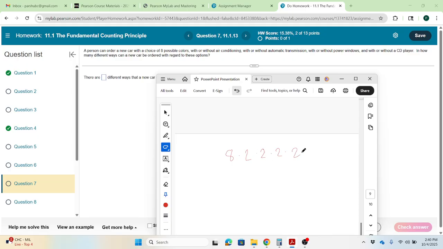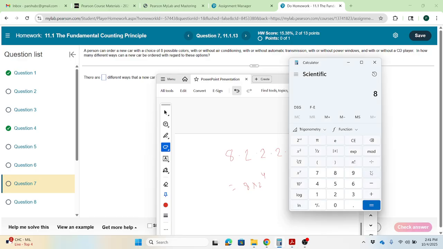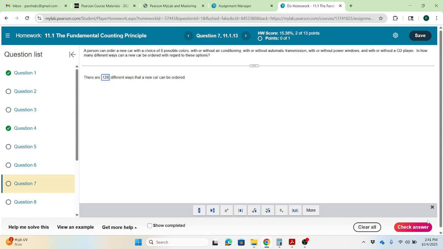All these different options have 2 possibilities, so you just multiply all of them. So it's 8 times 2 to the power 4. I'm going to use a calculator. That's a total of 128 different possibilities.